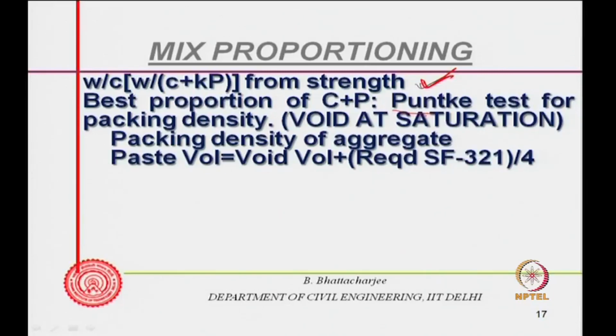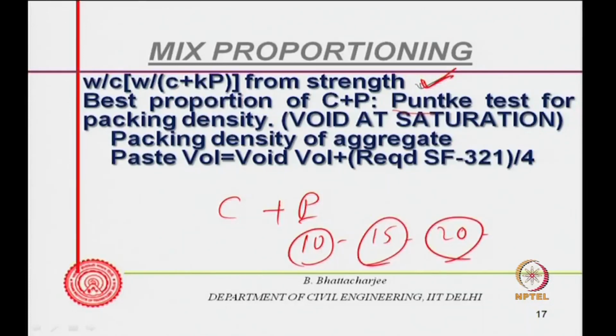So, what do you do? You mix C and P, that is your cement plus other powder material, in the proportions that you like, which will vary, maybe start from 10, go to 15, 20%, and so on. You add them together, mix 90% and 10%, 85% and 15%, 80% and 20%, and so on.